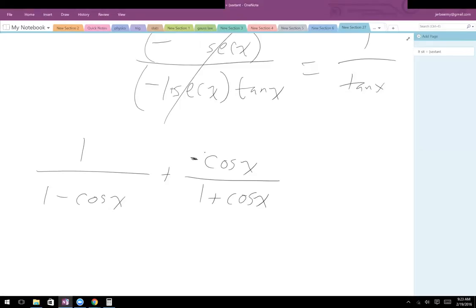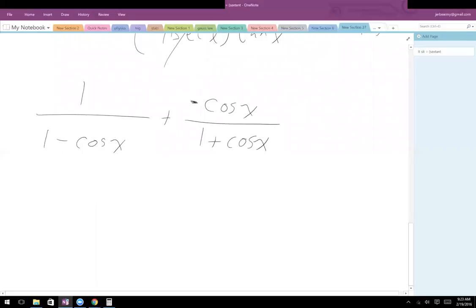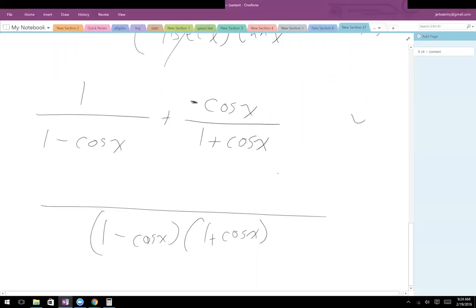All right, so just like last time, we need to get everything over a common denominator. There we go. Common denominator, which is 1 minus cosine x, 1 plus cosine x. For this one, we got 1 times 1 plus, so 1 plus cosine x.